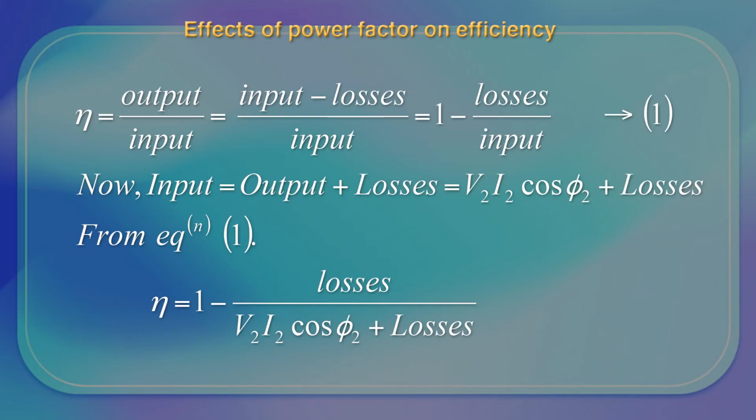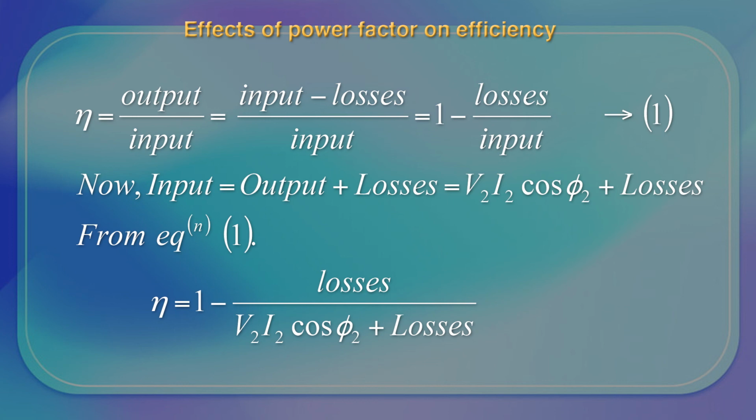Now we have to understand the effect of power factor on efficiency. The efficiency of a transformer is given by the formula: efficiency is equal to output upon input, and it can also be written as 1 minus losses upon input. As you know, input is equal to output plus losses, so you can write V2 I2 cos phi 2 plus losses.